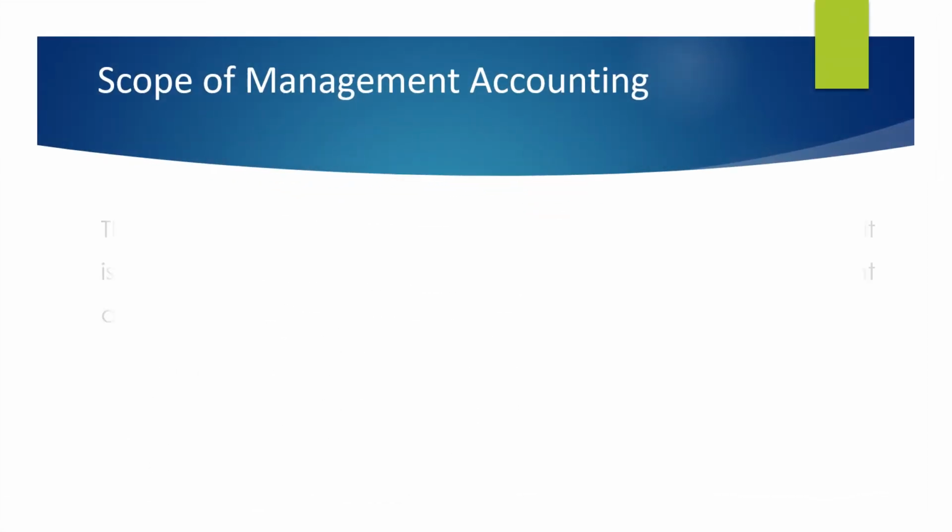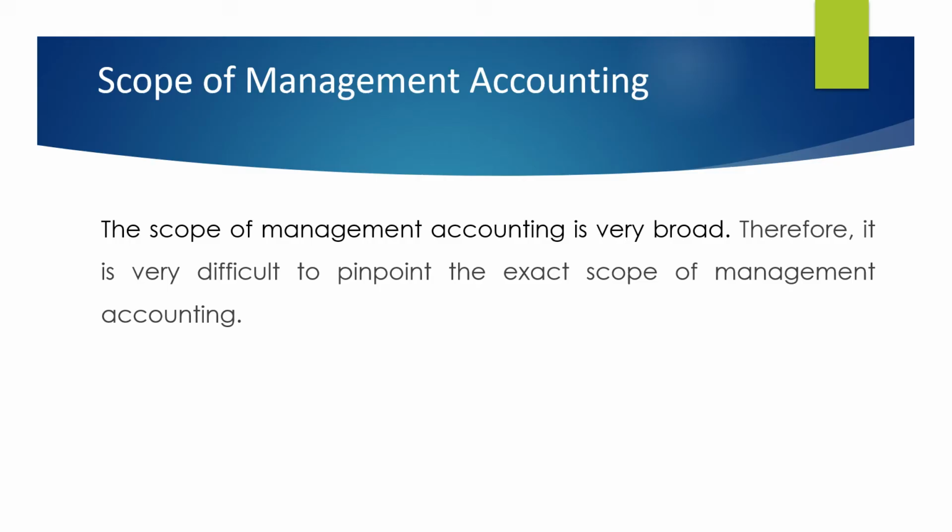The scope of management accounting is very broad. It covers a wider range. Therefore, it is very difficult to pinpoint the exact scope of management accounting. However, I have narrowed down the scope of management accounting and listed it below.